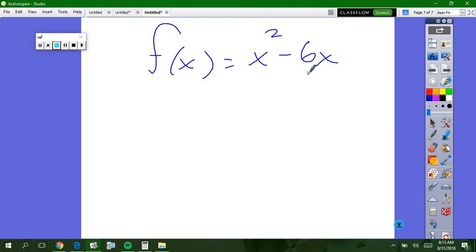What kind of graph should it be like, at least? Should be a parabola, a U-shape, right? Because it's an x squared. We've studied those in the past, right? Okay? So, I want you guys to tell me, though, what is f of 3?